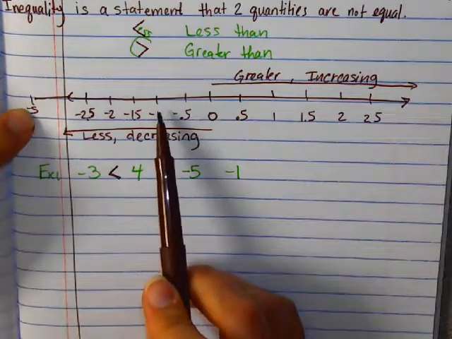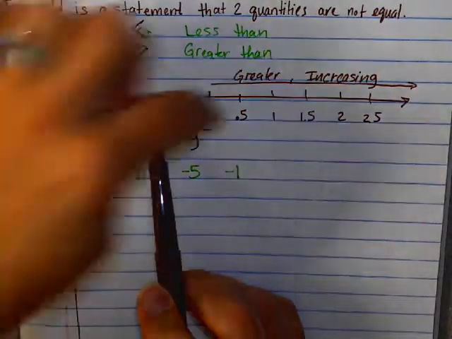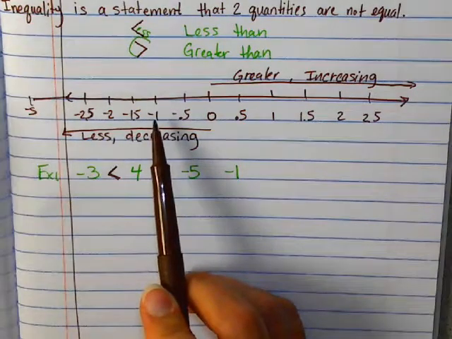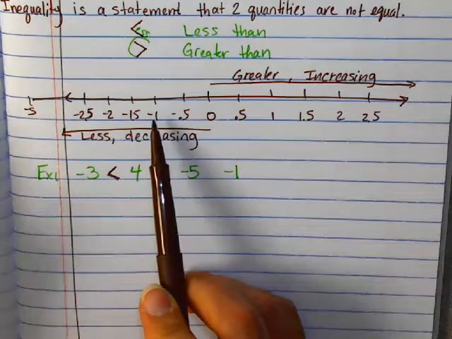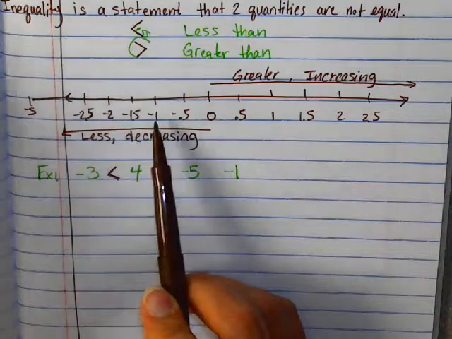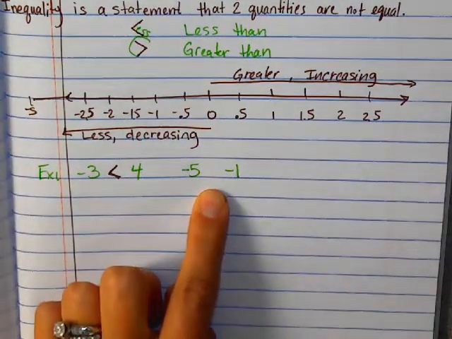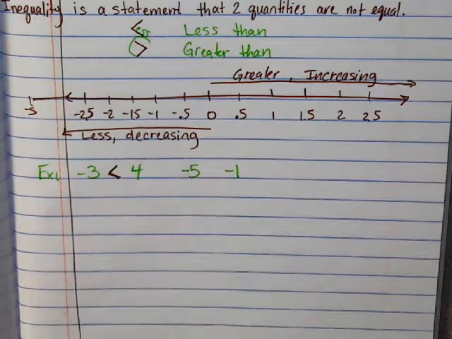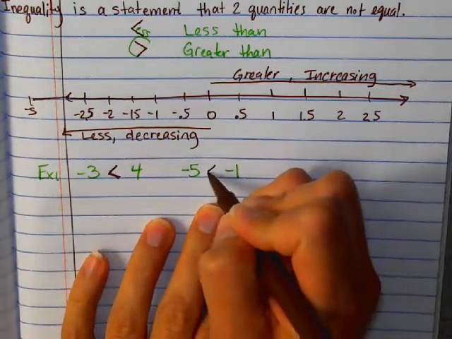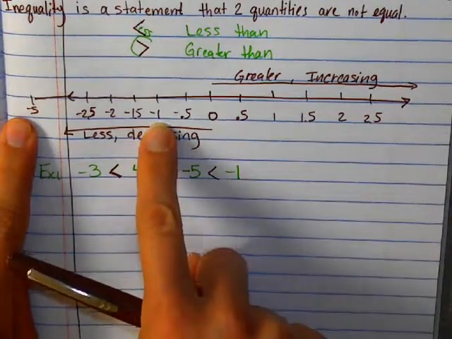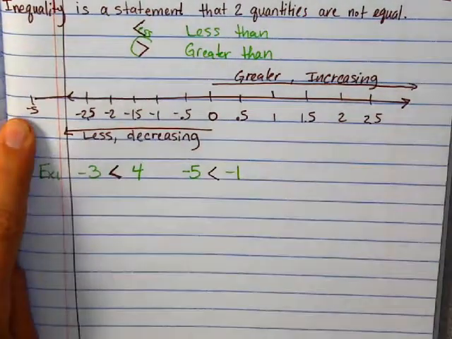So remember, the further away from 0 I'm getting on the negative side, those numbers are less in value. So -5, is that less than or greater than -1? It's less than, because it's further away from 0. -1 is actually greater than -5.